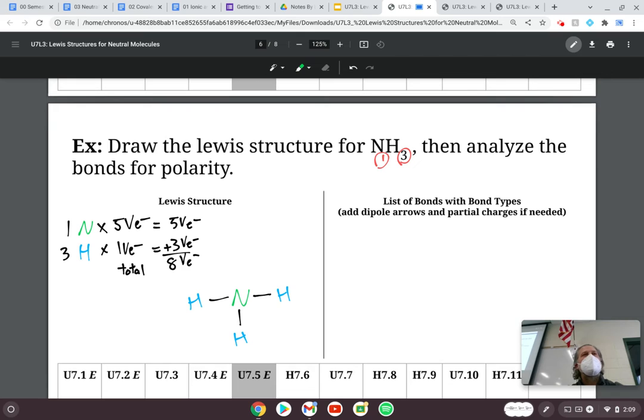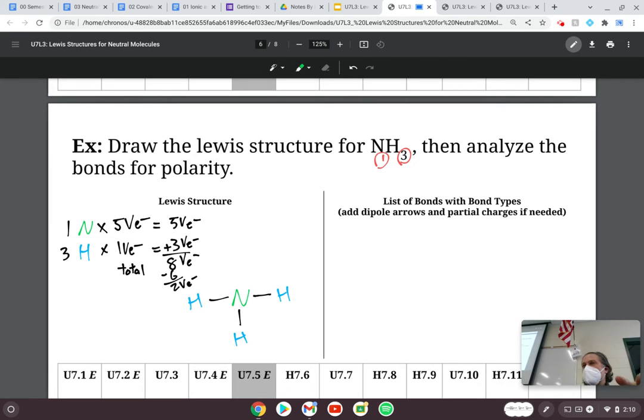So at this point, one line is how many electrons? 2. And I've used 3 lines, so it's 2 plus 2 plus 2. So I've used 6 total electrons. So 8 minus 6 is 2 valence electrons left over.